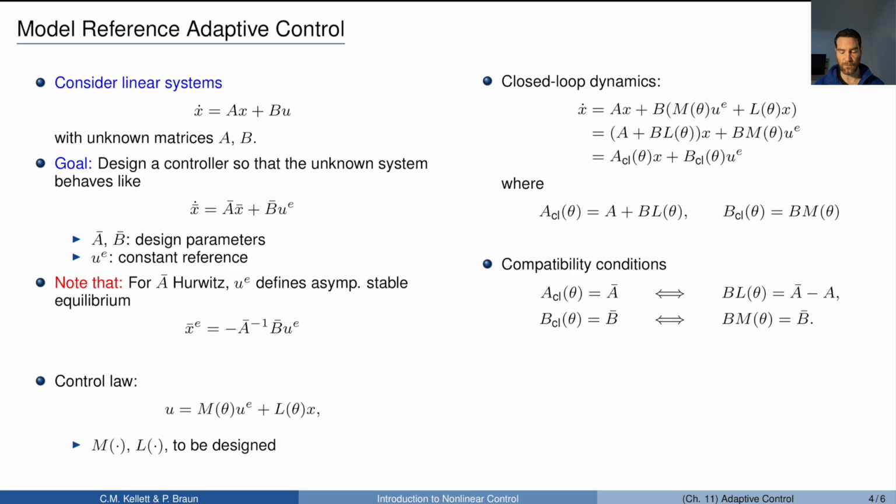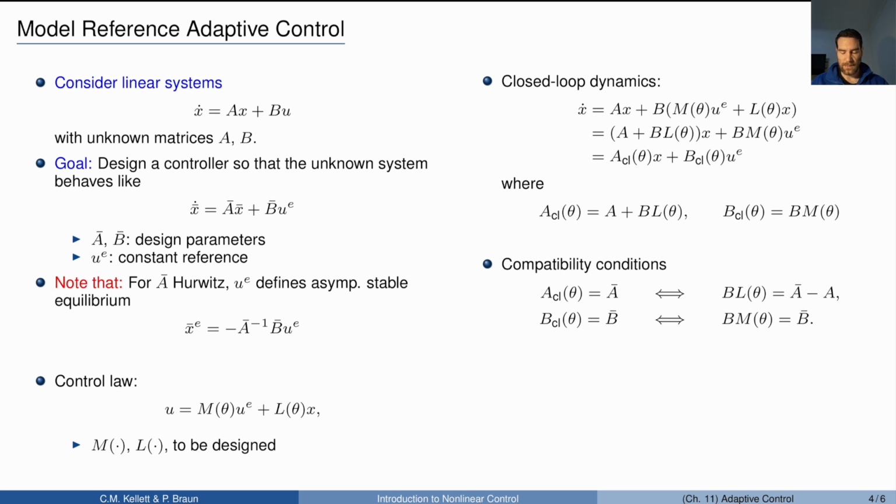As mentioned before, there are compatibility conditions which need to be satisfied so that this is possible, meaning our B times L and B times M need to satisfy these conditions here.